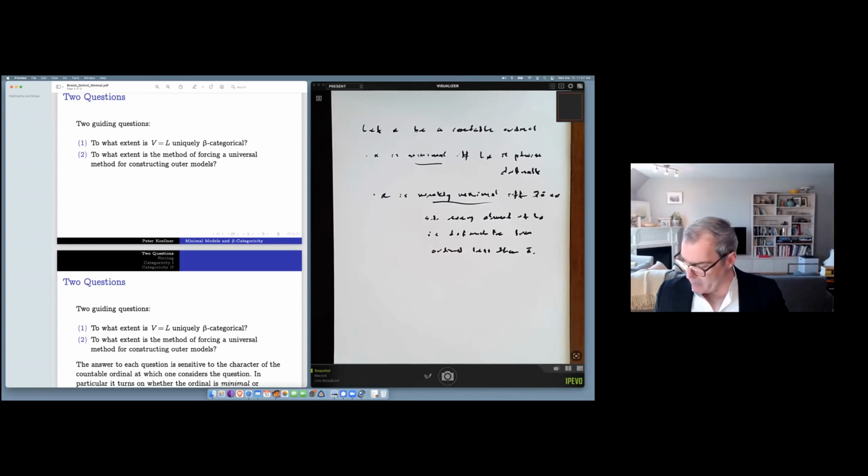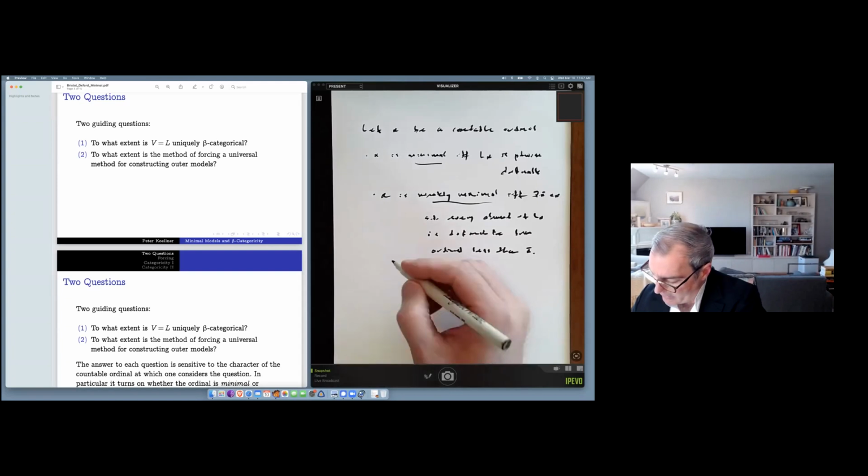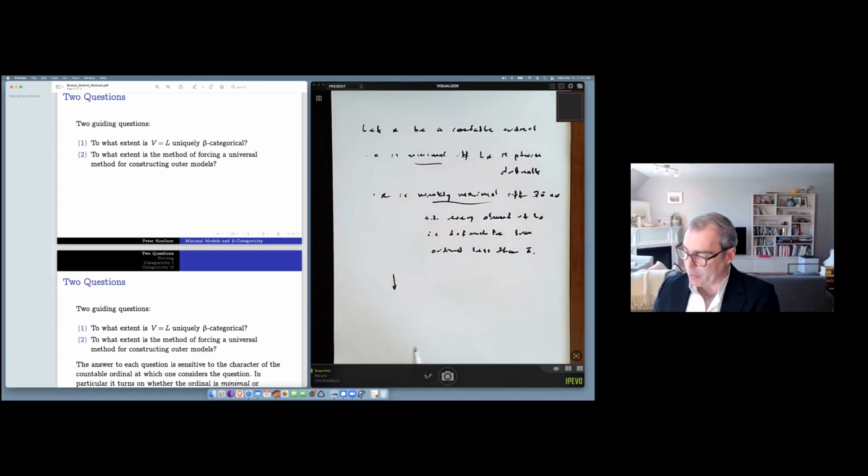The hierarchy that I have in mind here is that as you increase the amount of satisfaction of separation and replacement as new sets appear before the next admissible ordinal, you're getting more and more robust satisfaction of ZFC. And one that's going to be of interest is a non-minimal ordinal.